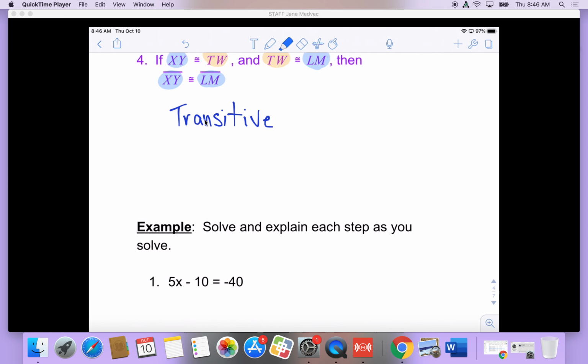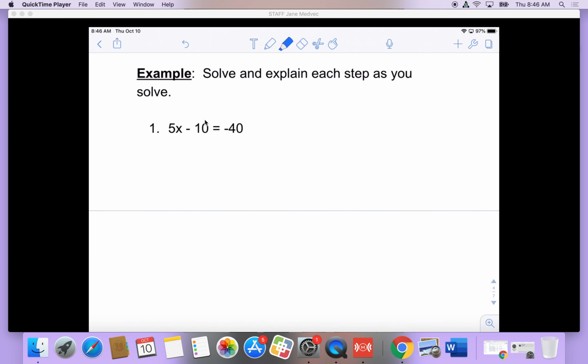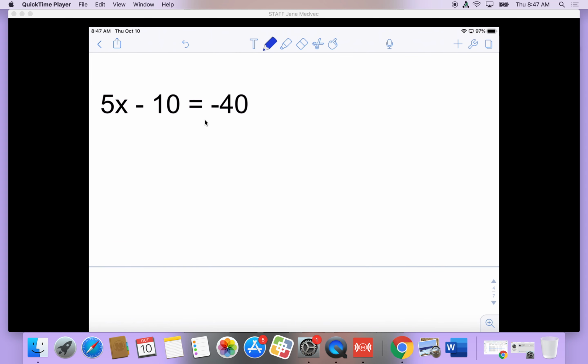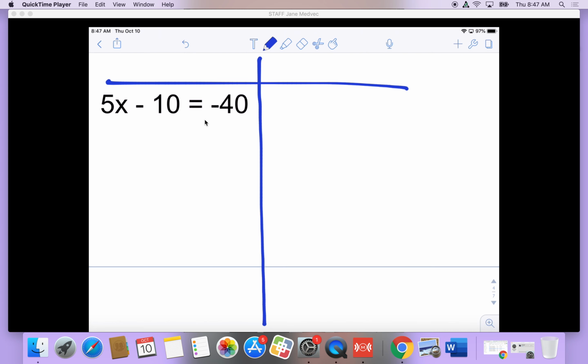All right. This one asks you to solve and explain each step as you solve. So I'm going to get you into the habit of doing two-column proofs. We're going to do more later, but I'm going to start you on it. On these problems, you make a vertical line, and up here a horizontal line.